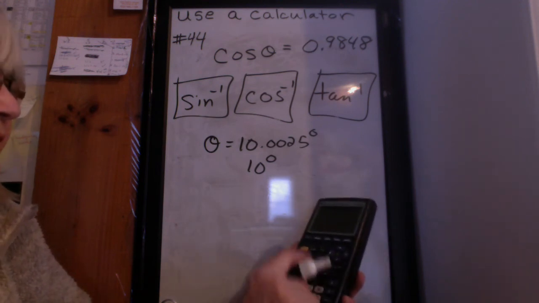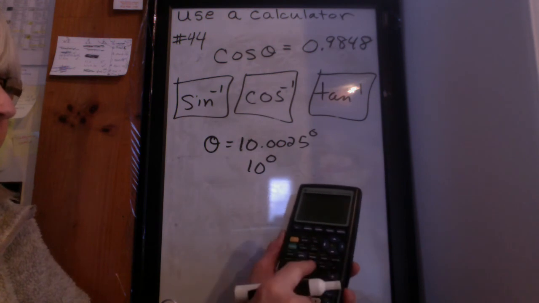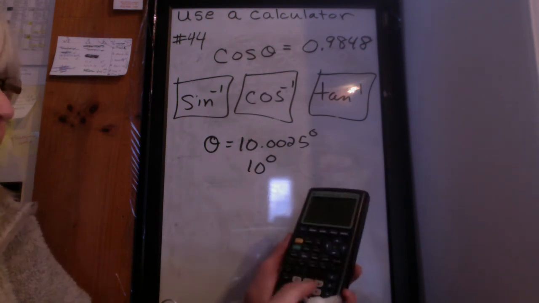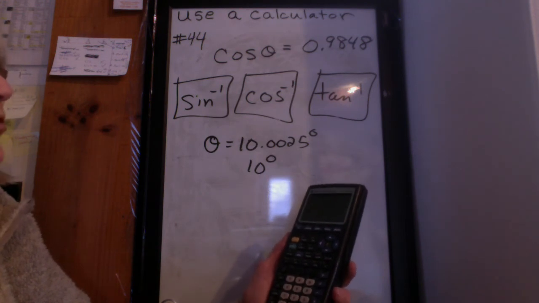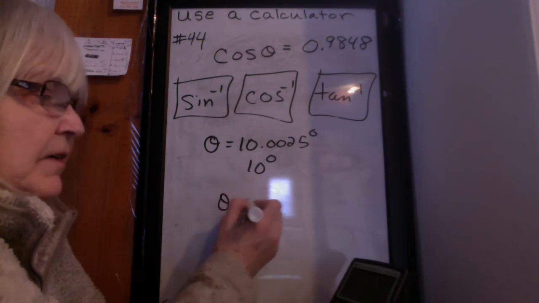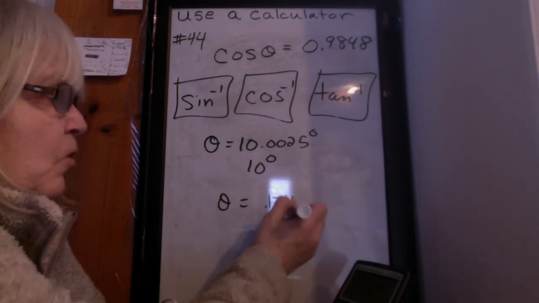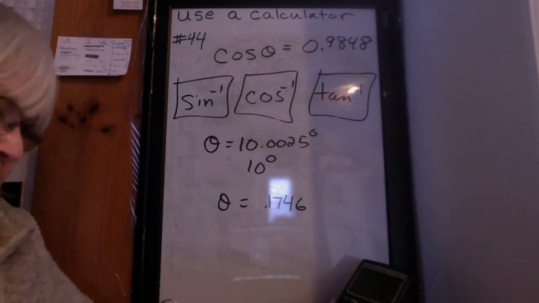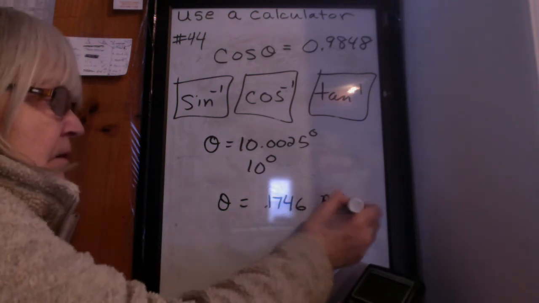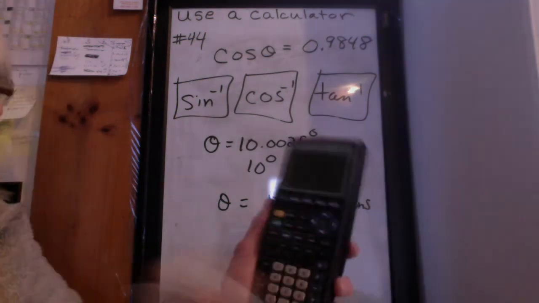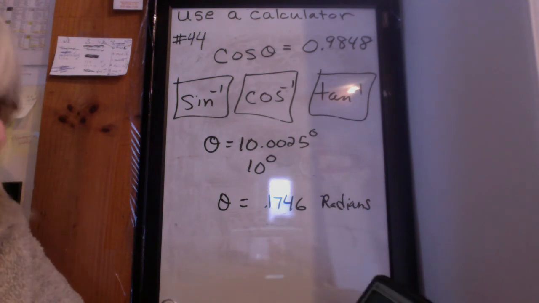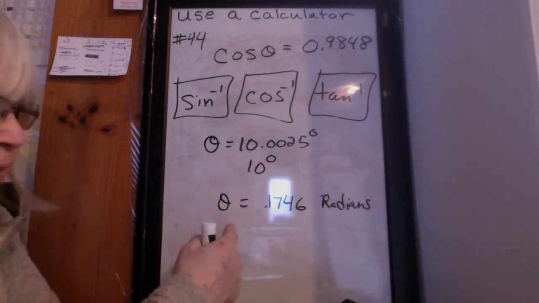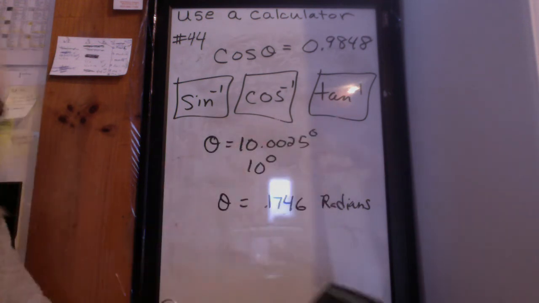And now do the cosine -1 key, so second cosine, type in 0.9848, and this time my answer should be in radians, and theta equals 0.1746 radians, okay? So the calculator will figure radians or degrees for you. Make sure you're aware of what mode you're in and pay attention to what type of answer they want. Do they want degrees or radians? And these are pretty straightforward.